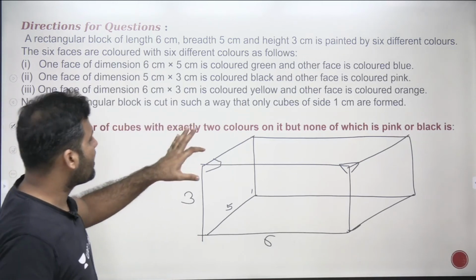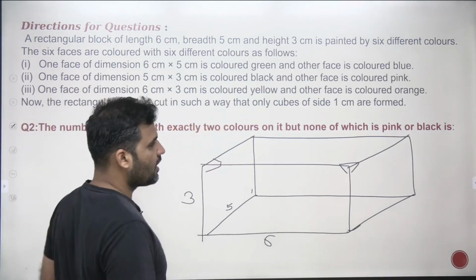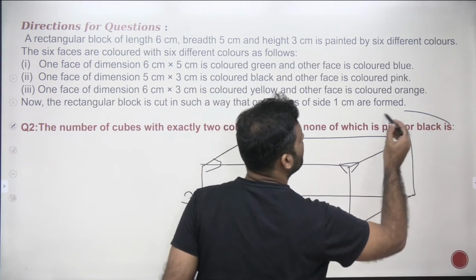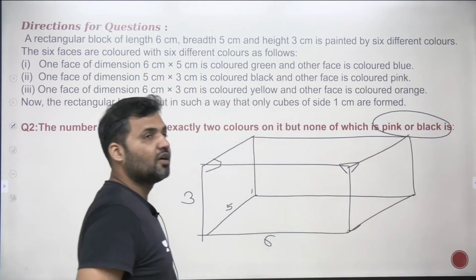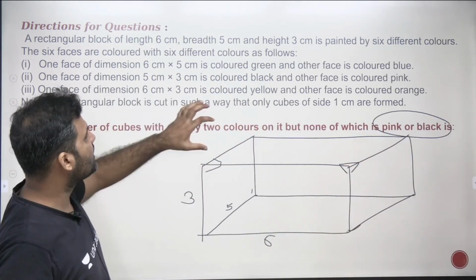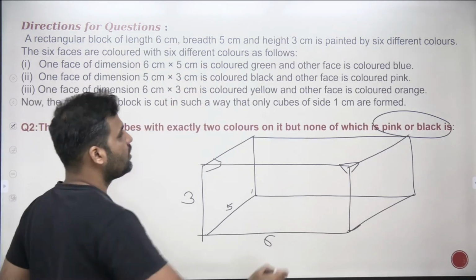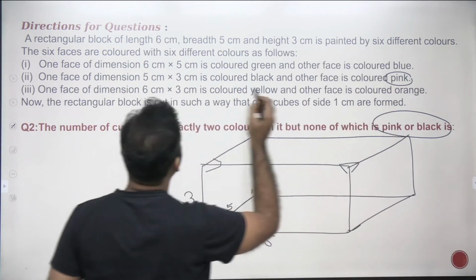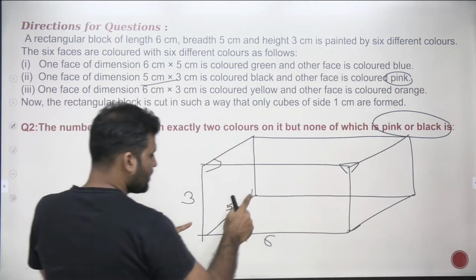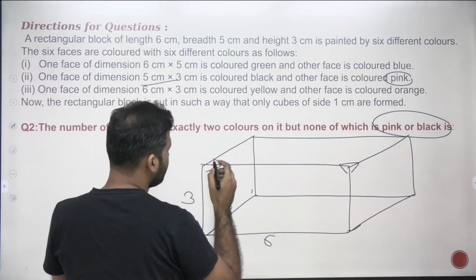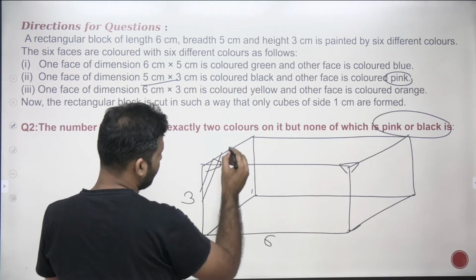Now, I want cubes with 2 colors on it, but none of them should be pink or black. None of the colors on the cube would be pink or black. Let's see on which particular face you are using pink or black color. You are using the pink color on one side of 5 into 3. So on one side of 5 into 3, you see that this is a pink colored face, right?